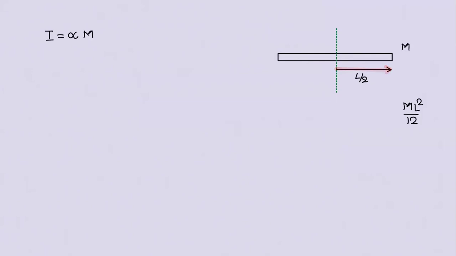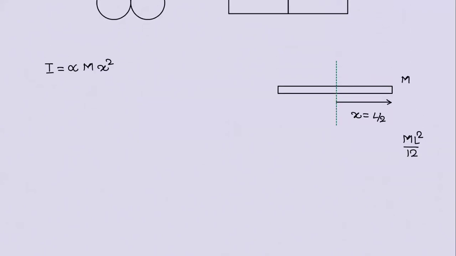I'll take this distance as X. It is L by 2, we know, but let us take the distance as X. So I equals alpha M X square. For any object, the moment of inertia is some numerical factor alpha, like 1 by 5 or 1 by 10, some random number, times the mass of the body, and one dimension, center to the end, the distance X square. So that's the moment of inertia of a rod.